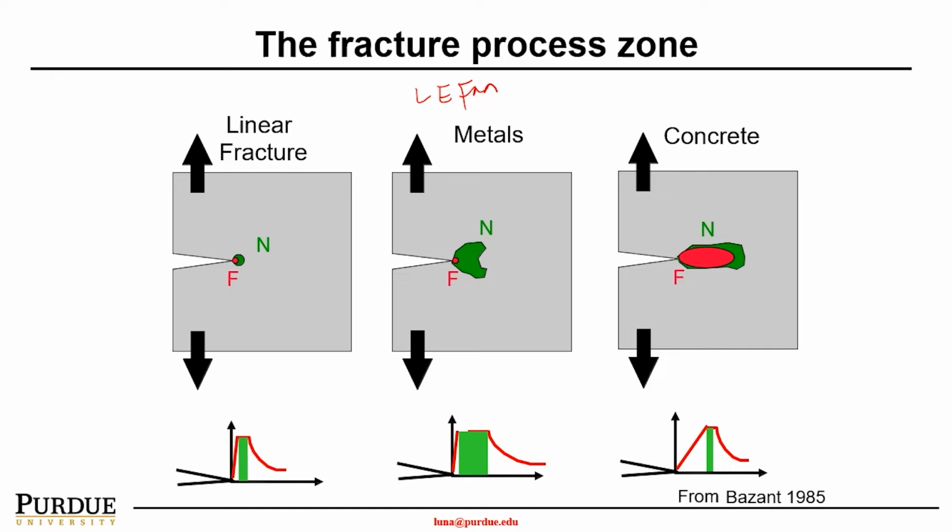There is nothing in between. However, in concrete, there are many existing micro cracks, individual cracks that may be situated near the large crack tip. If you have concrete, you have a lot of small shrinkage cracks.